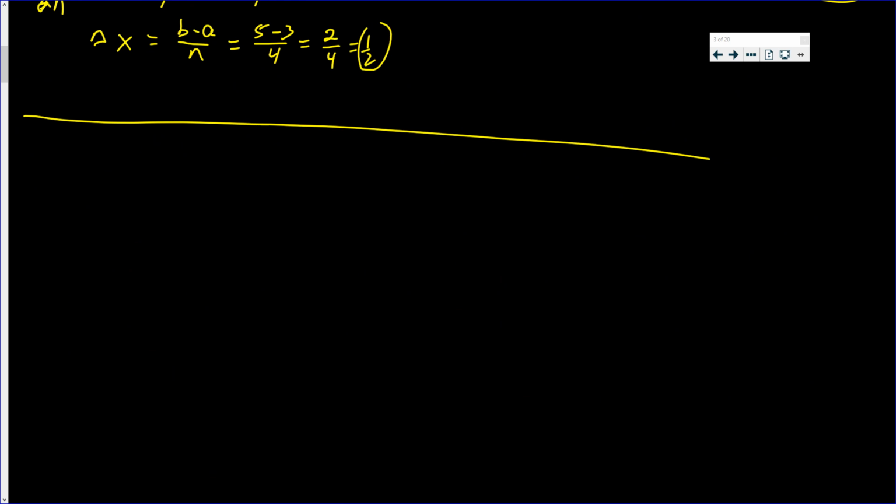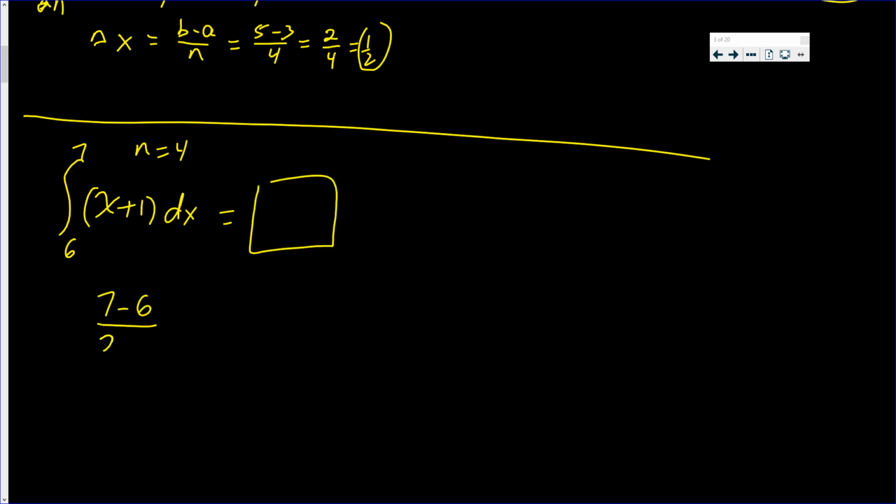Suppose you have the integral from 6 to 7 of x plus 1 dx, and they tell you that n is 4. Okay, so in front, we're supposed to have b minus a over 2n. That is, the first thing we write is b minus a over 2 times n.